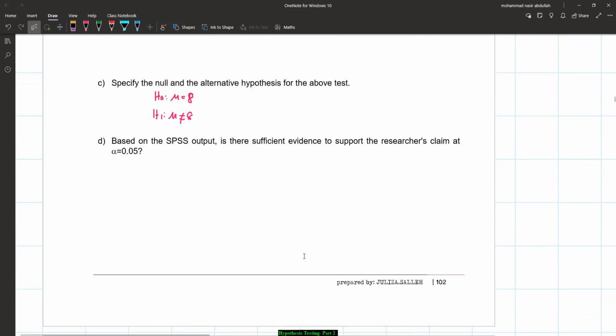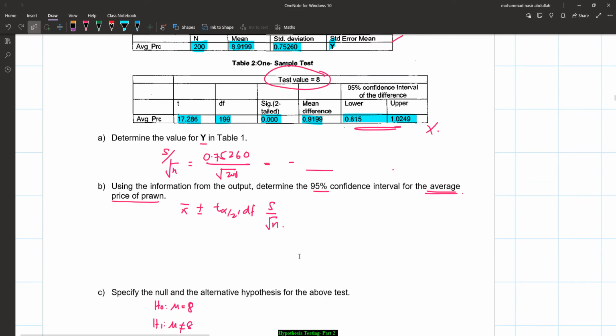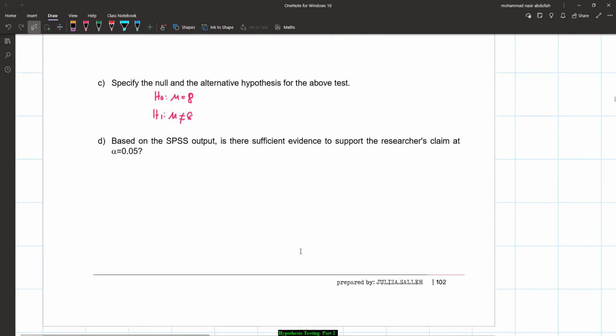And then based on the SPSS output, is there sufficient evidence to support the researcher's claim at alpha 0.05? So by looking at the p-value, very simple. Since the p-value is less than 0.05, the null hypothesis is rejected.